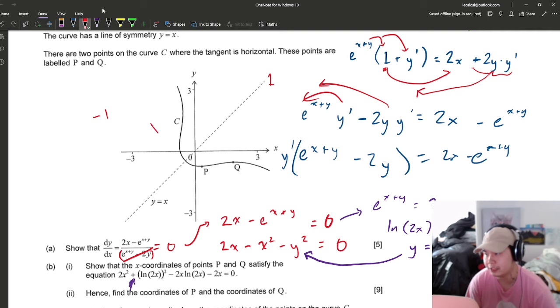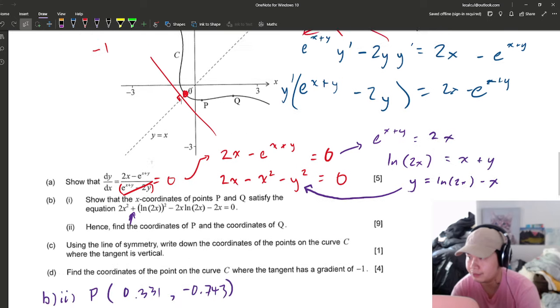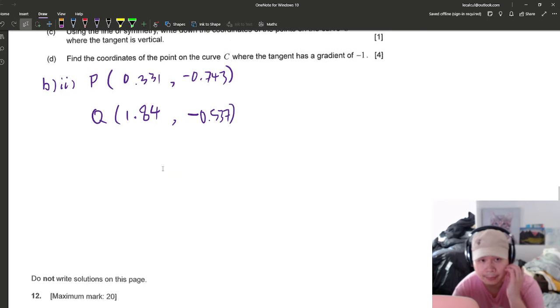So we're looking for a place where the tangent slope is perpendicular to this. There should be only realistically one location right here. And this is the coordinate on this equation where y and x are the same. So we can do that.